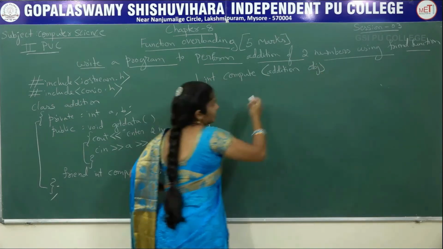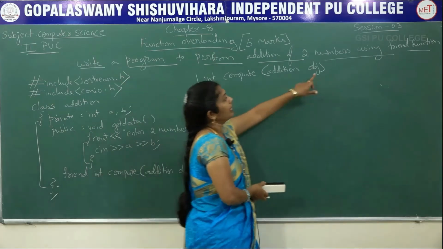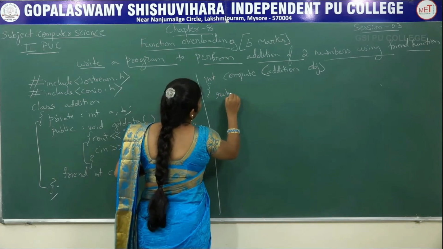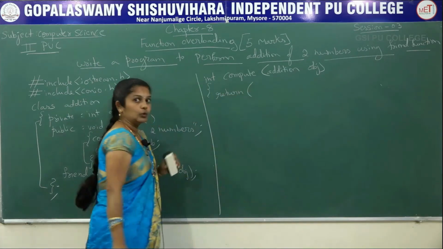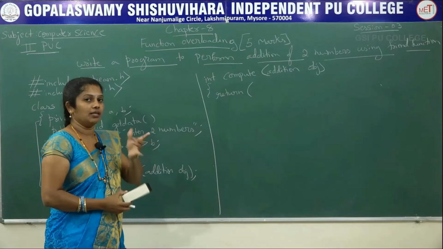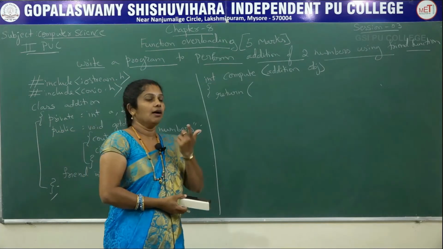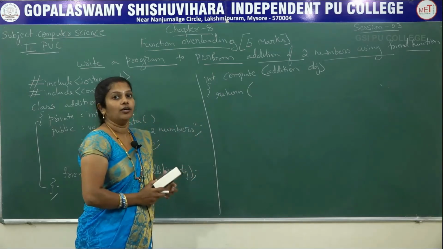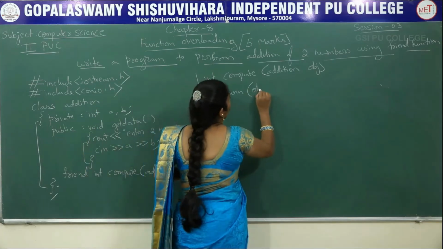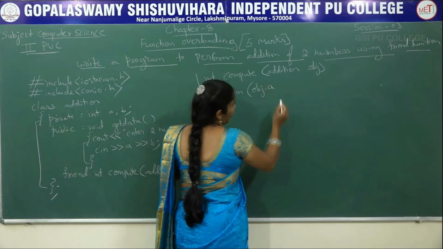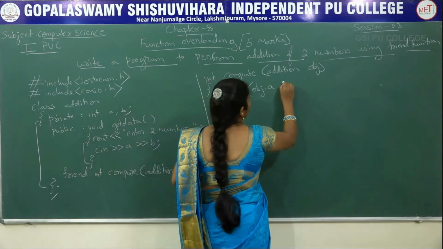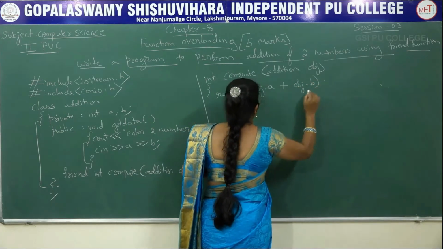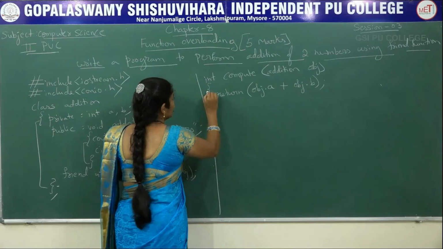Now we are writing the statement of this function, that's why don't put any semicolon here. In this function, we are writing return. How to access the members? I told you when I was explaining the features, first you have to write the object name, then dot, member name. Here I take object.a plus object.b, then close this function.